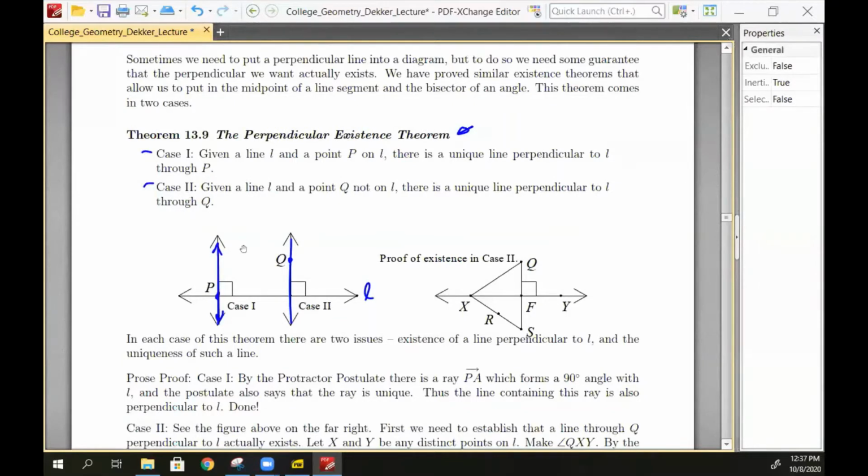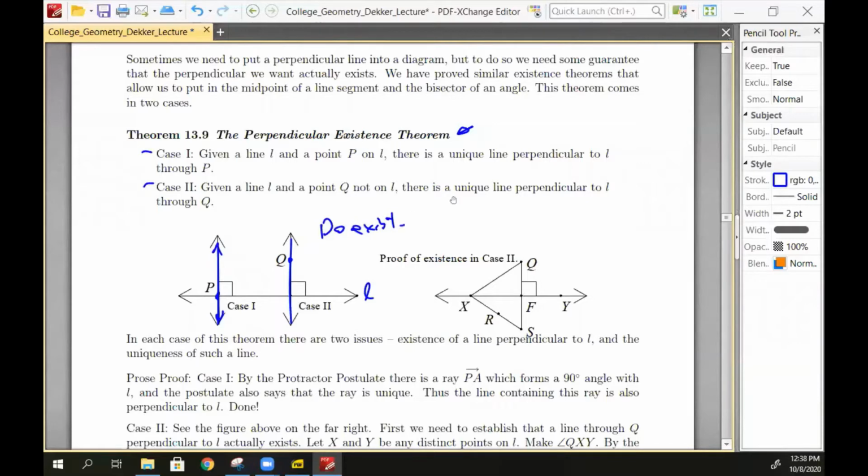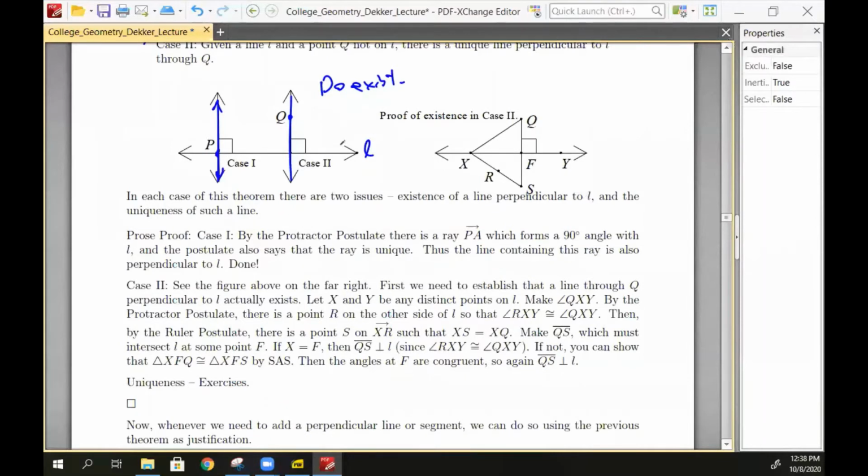We certainly can say that in each case they do exist, and that's what the theorem is saying for us. The proofs are quite short. For the first case, it's essentially just the ruler postulate that gives us the entire thing. The second case has a little bit more to it.